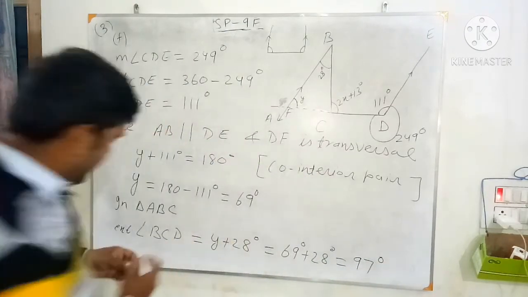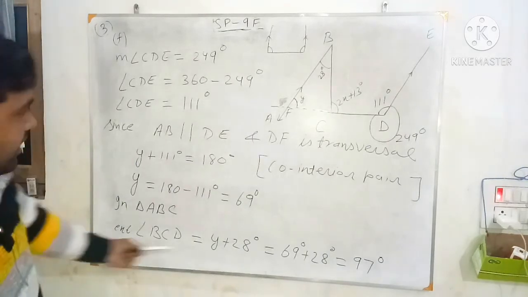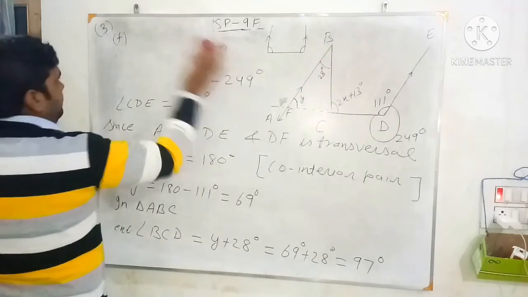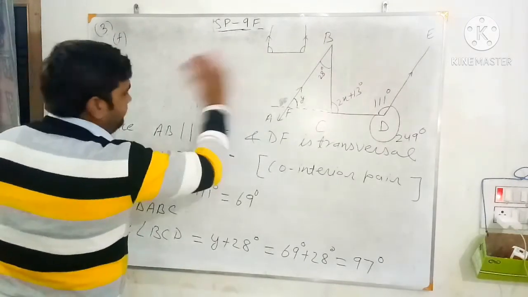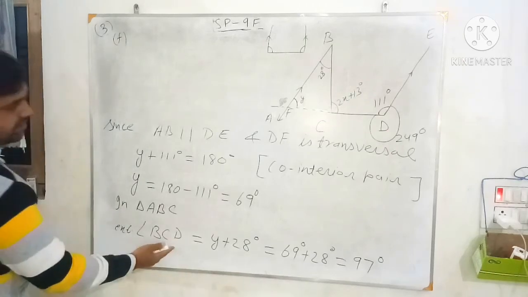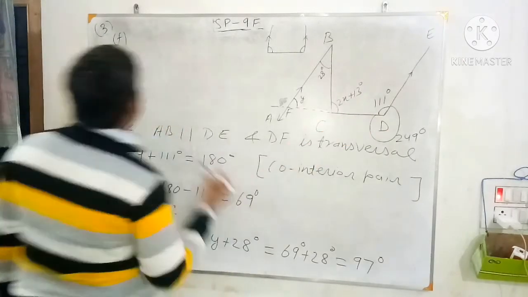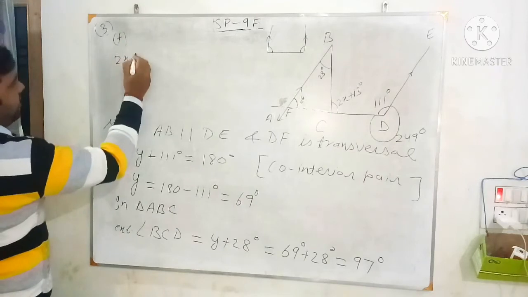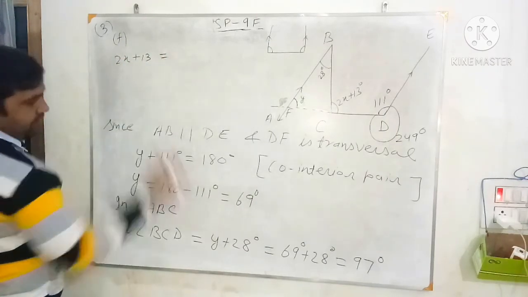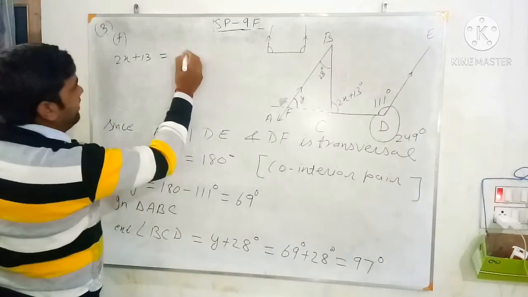Now we substitute the value of the exterior angle BCD, which is 2x plus 13. So we write 2x plus 13 is equals to 97 degree.